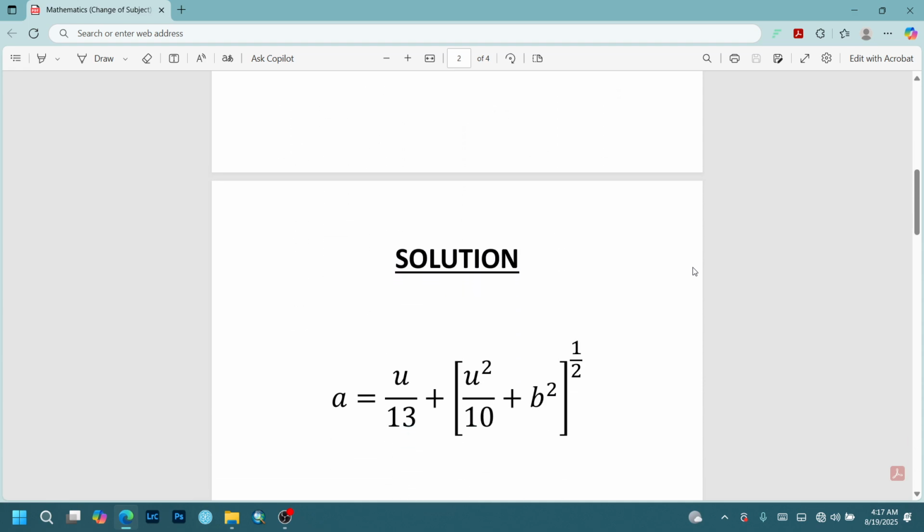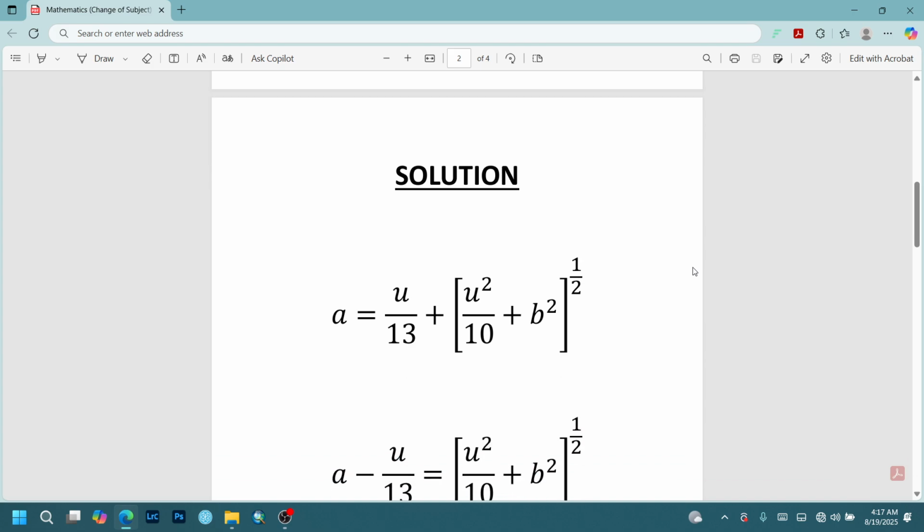Based upon the preamble given, we have A equals the fraction U over 13 plus, in brackets, the fraction U squared over 10 plus B squared, to the power or exponent 1 over 2.